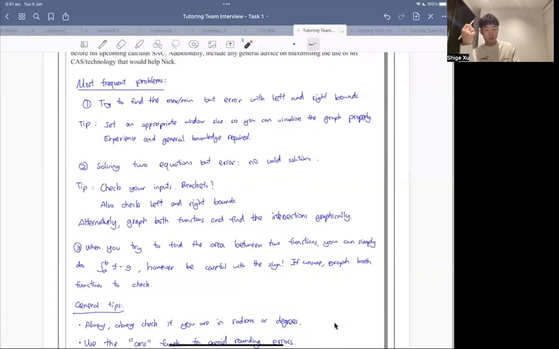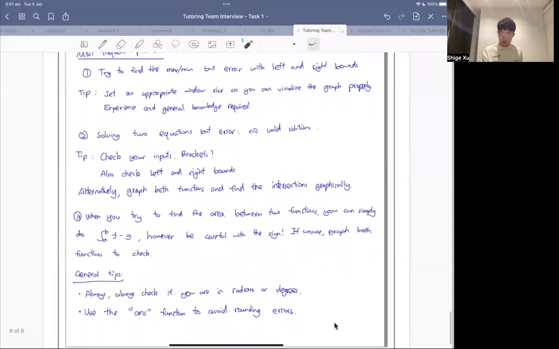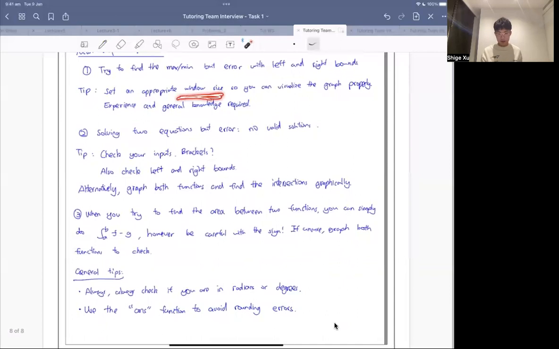Then you can do the left-hand boundaries quite easily. It's just straightforward from the graph. However, this requires experience and general knowledge of the domain and the range of this function. But just setting the window size is good enough, I reckon.